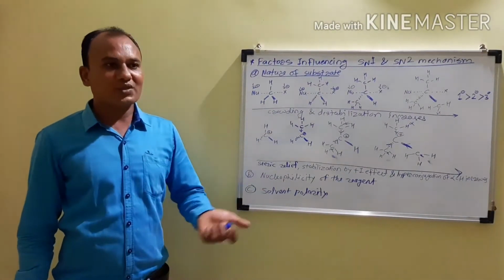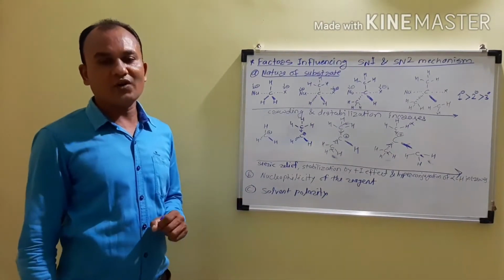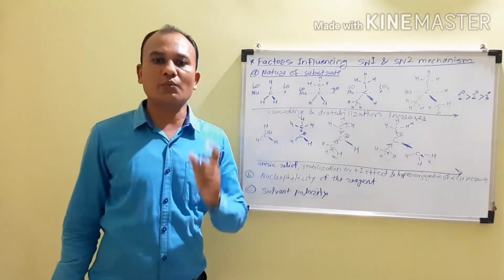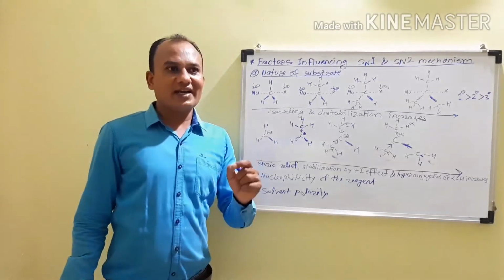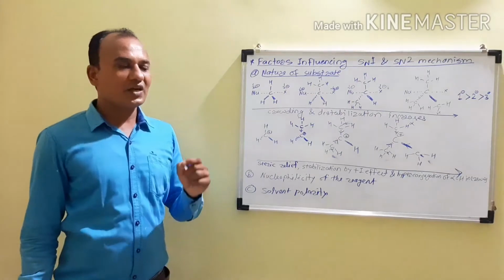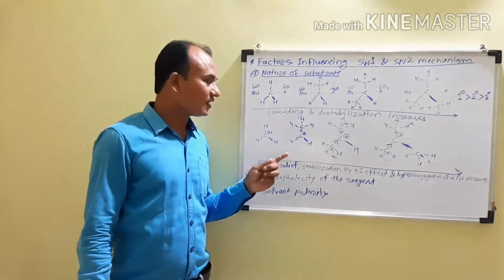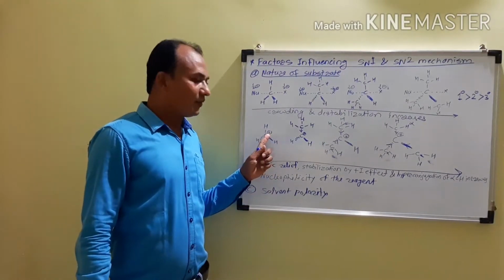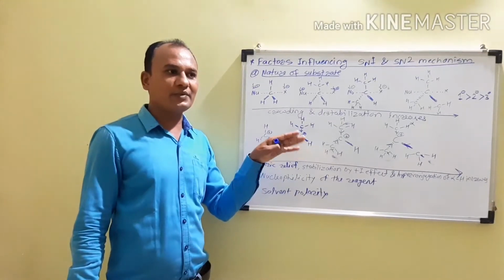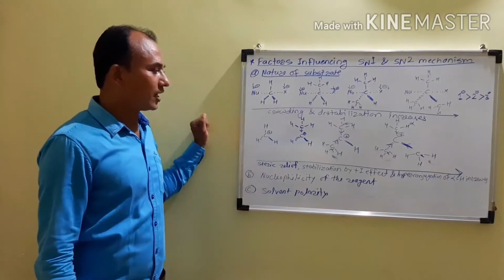Now which type of substrates follow the SN1 mechanism? In the SN1 mechanism there will be a formation of a planar carbocation, and it is a 2-step mechanism. After the formation of the carbocation in the first step of the SN1 mechanism, in the second step there will be an attack of the nucleophile on the carbocation.